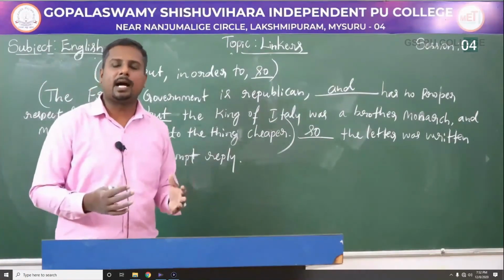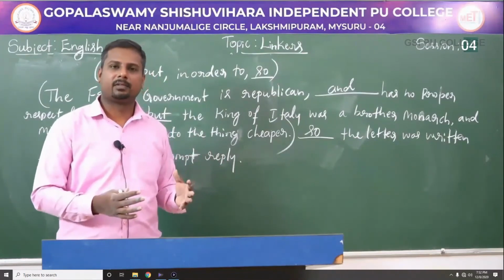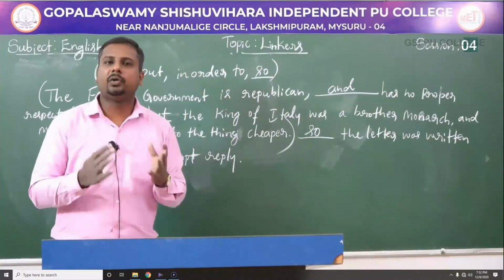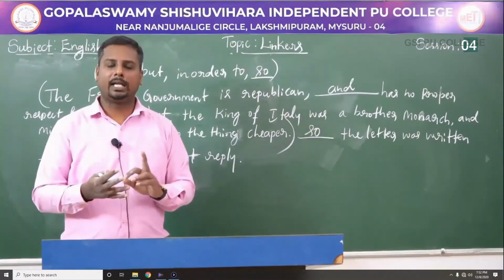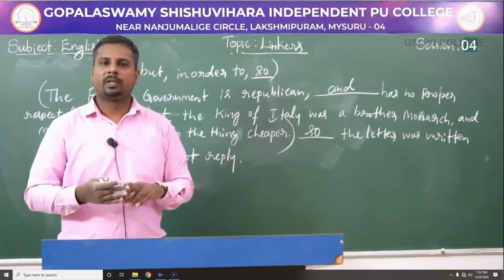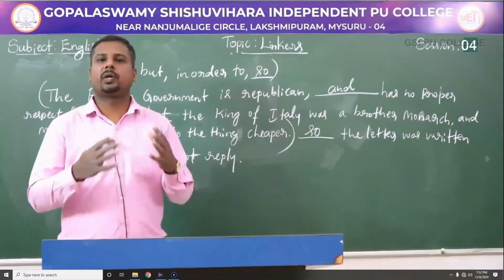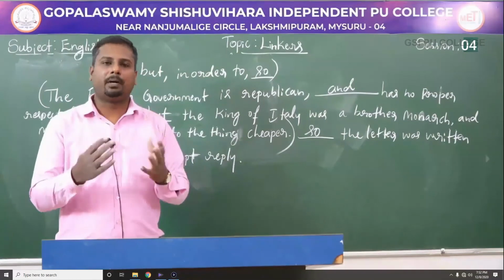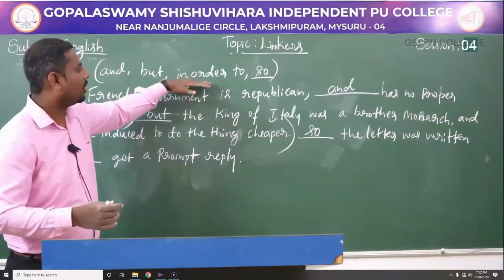Now here you can ask, what is the purpose of writing this letter? What linker do you use to show the purpose? You have linkers like to, in order to, so as to, and the phrase so that to express the purpose. Here in the options you have the phrase in order to.